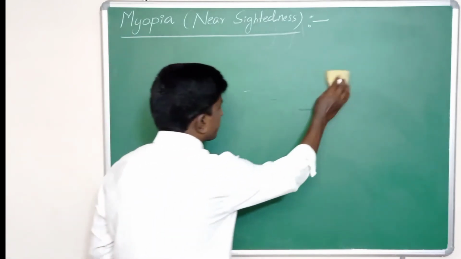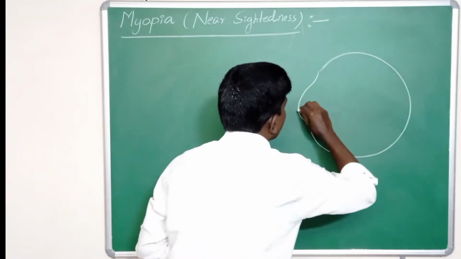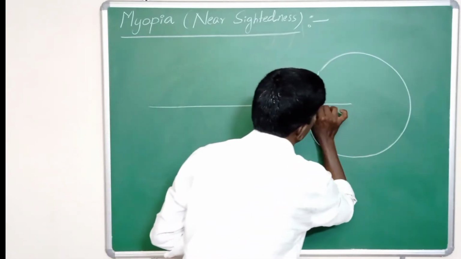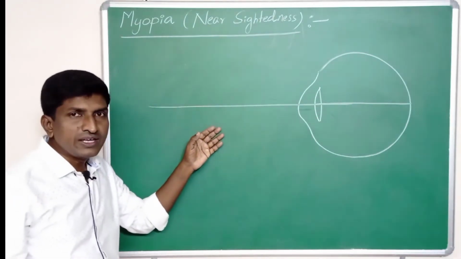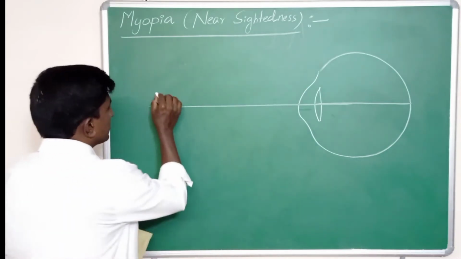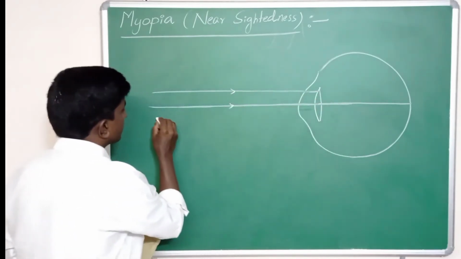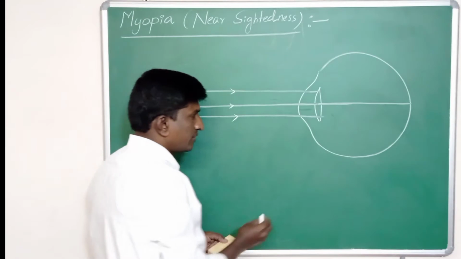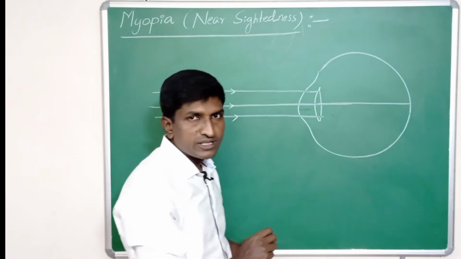For example, let us take this is the eye, this is the eye lens, and say this is the principal axis. If the person is observing an object at a long distance, the light rays coming from it are parallel to each other. These are the light rays. Here we know that the distance between the retina and the eye lens is 2.5 centimeters.